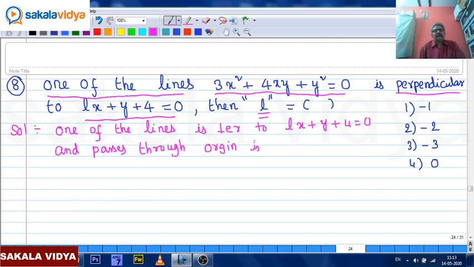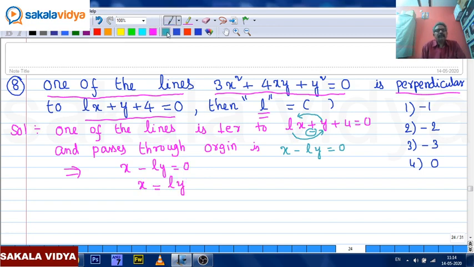Now interchange these coefficients. One goes this side, L comes this side. Change the sign. So that will be x minus Ly equal to 0. So you can write x is equal to Ly.